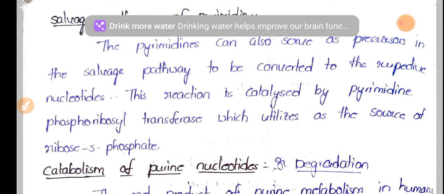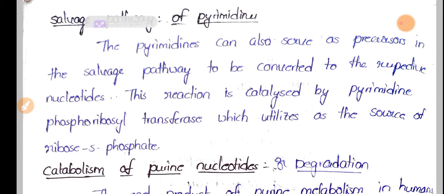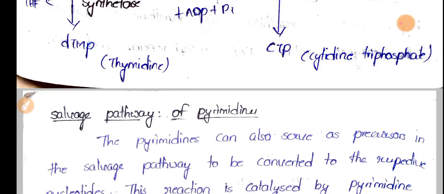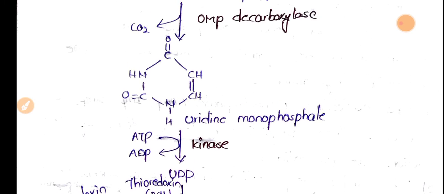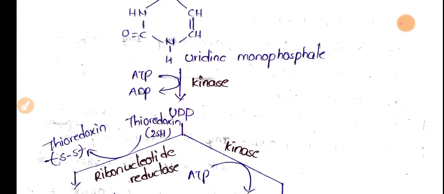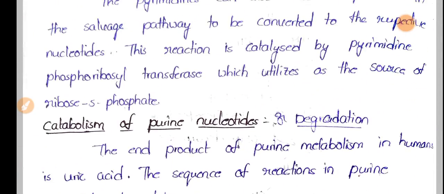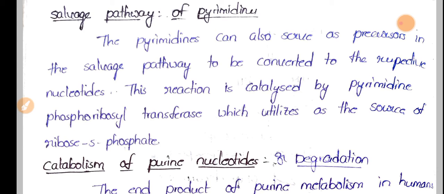But in case this pyrimidine biosynthesis is not carried out, then pyrimidine molecules directly act as precursors for pyrimidine nucleotide synthesis.